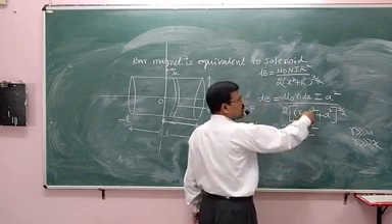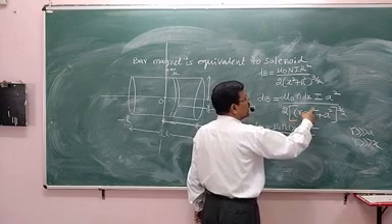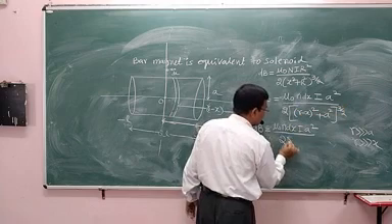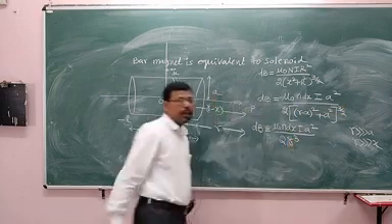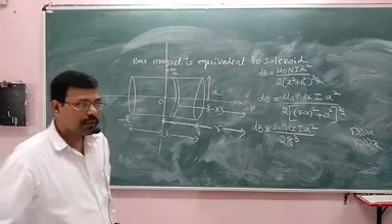Here r square is left, x is 0, a is 0, r square total cancels, we get r cube. Fine.